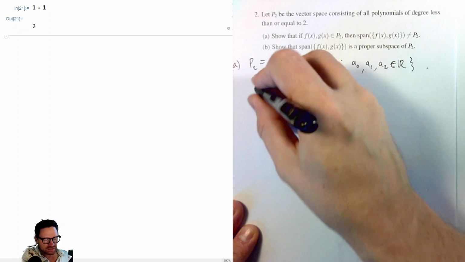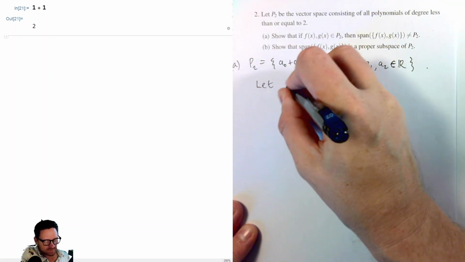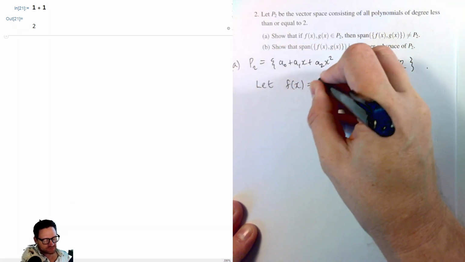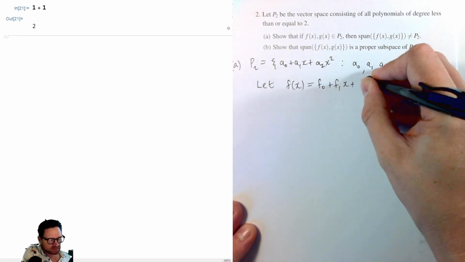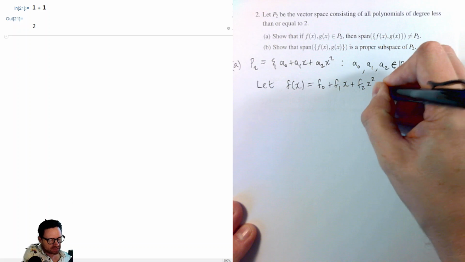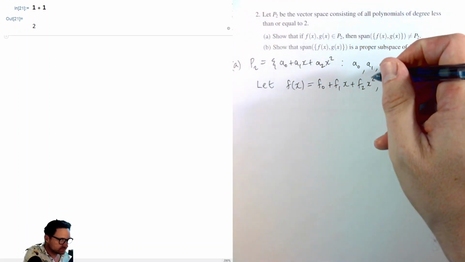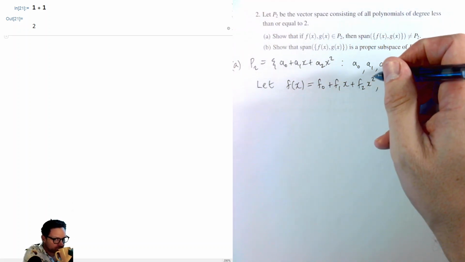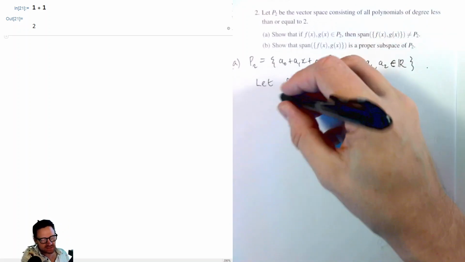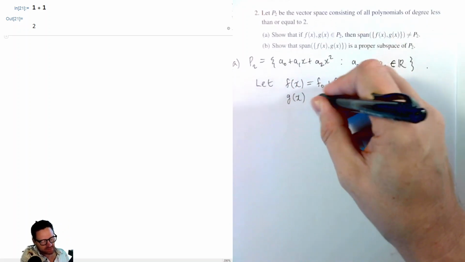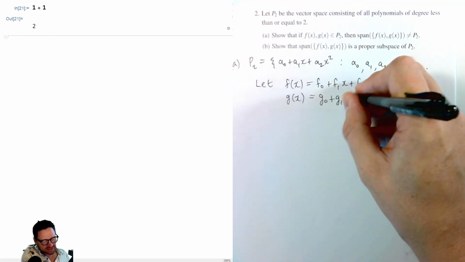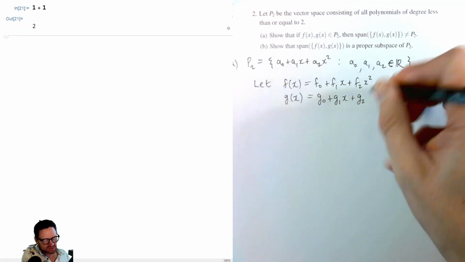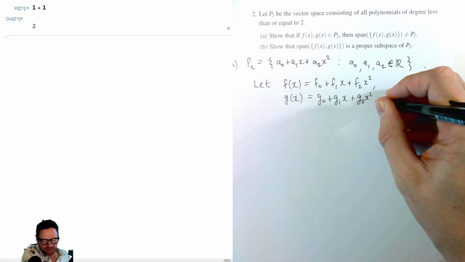Okay, so let f of x be equal to f0 plus f1x plus f2x squared and let's let g of x be equal to g0 plus g1x plus g2x squared.